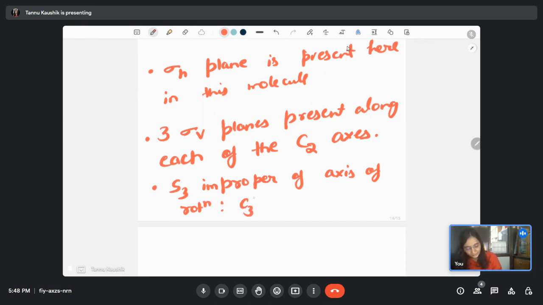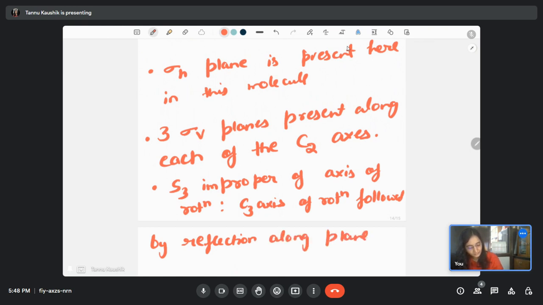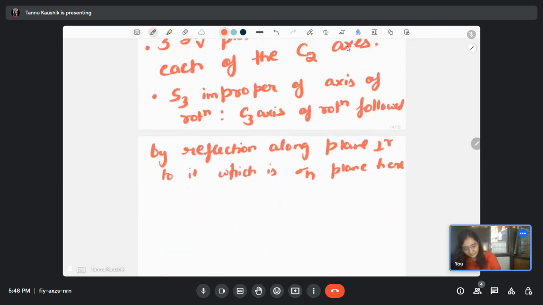Because when we perform this C3 axis of rotation followed by reflection along the plane perpendicular to it, which is the sigma h plane here, we will get an equivalent configuration.